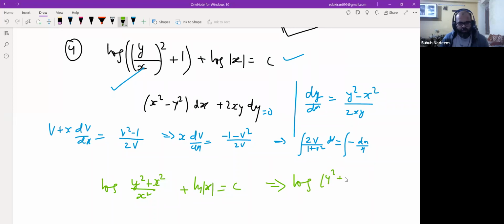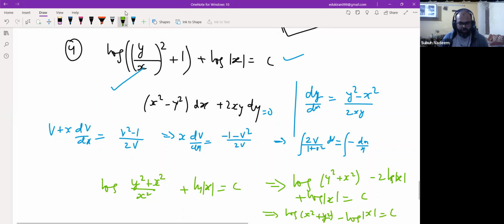Log of (y square plus x square) minus 2 log of mod x you can write, because log x square will become 2 log mod x, plus log mod x is equal to c. So log of (x square plus y square) minus 2 log mod x plus log mod x, which is minus log mod x, is equal to c.